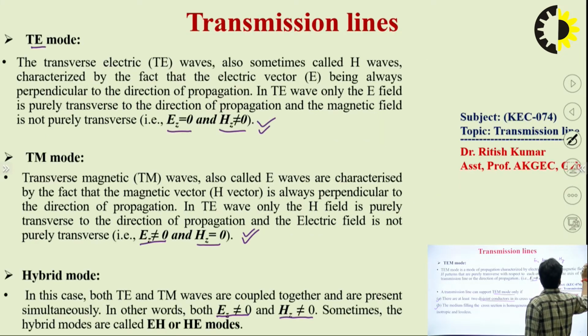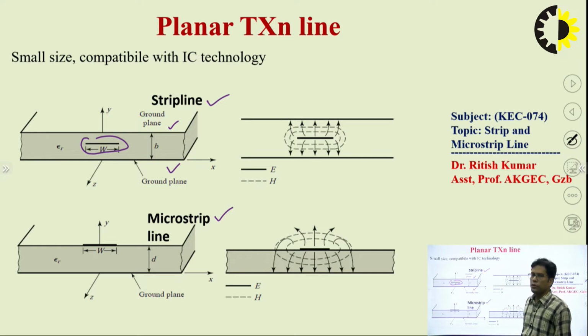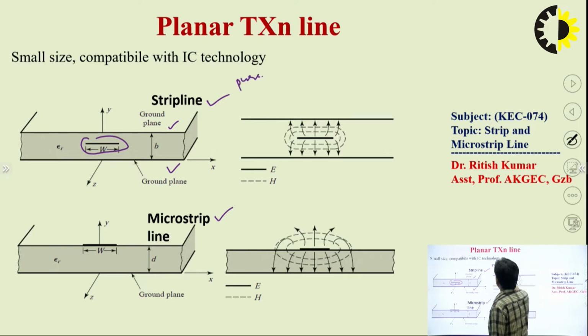In the case of strip line, you can see that surrounding the center conductor, the media is homogeneous, and the first condition, at least two disjoint conductors, is present. So both conditions are verified here. So we can say this transmission line, that is strip line, has the pure TEM mode.